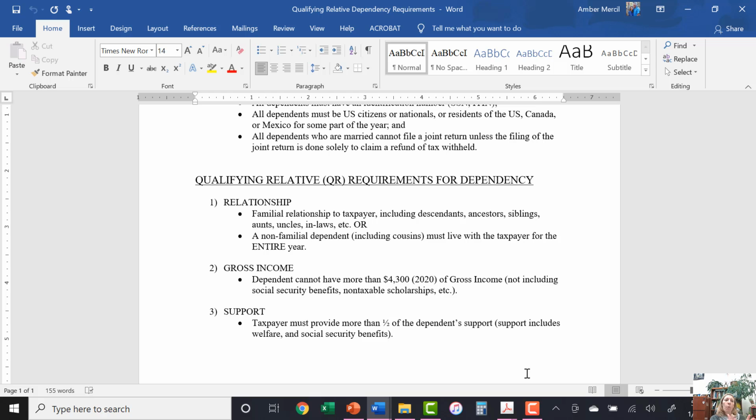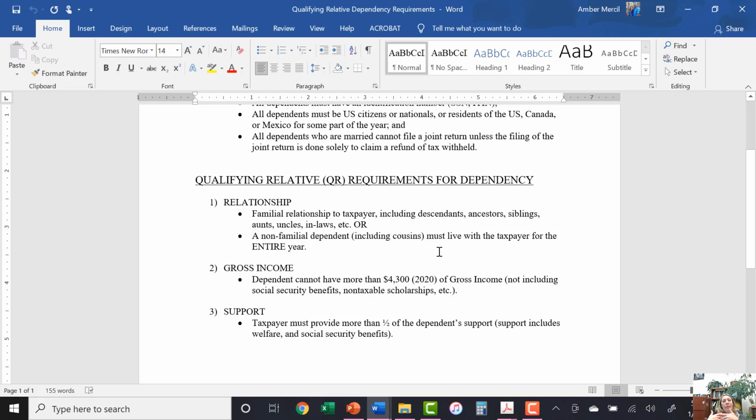If you have someone who is living with you the entire year and they aren't familial, they can still be your dependent for qualifying relative. They can still meet this test, even if they aren't familial, as long as they live with you the entire year. And this is really strange: in order for a cousin to qualify for the relationship test, they have to live with you the entire year. So they fall underneath the second rule here under relationships.